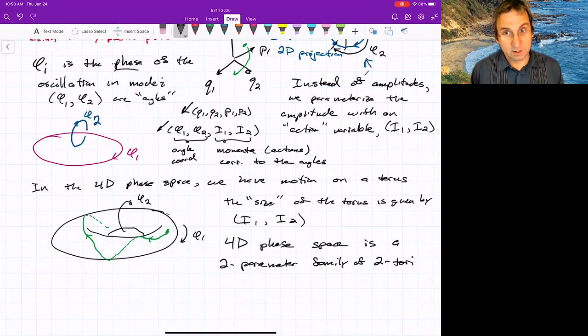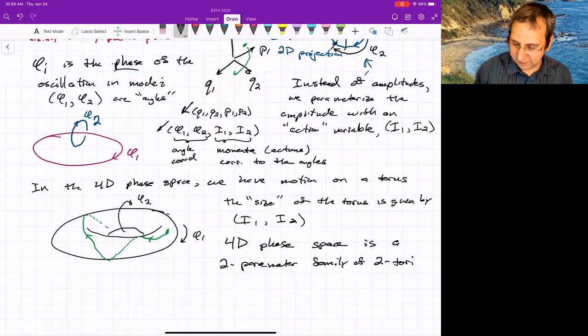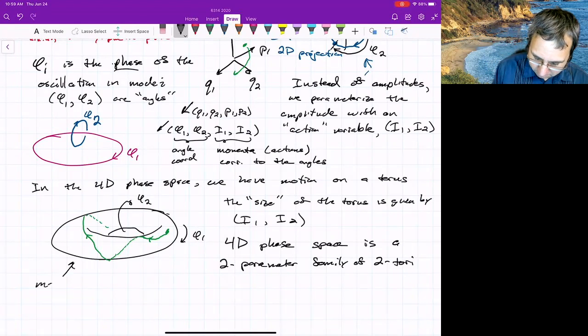If we had a triple harmonic oscillator, so 3 Qs and 3 Ps, if they're all uncoupled, then the 6-dimensional phase space would be a 3-parameter family of 3-tori. You can see where this is going. If we have an n degree of freedom system of harmonic oscillators, we have an n-parameter family of n-tori. We'll say more about that later. What it means about the motion is that the motion in general will be quasiperiodic. Motion is quasiperiodic.